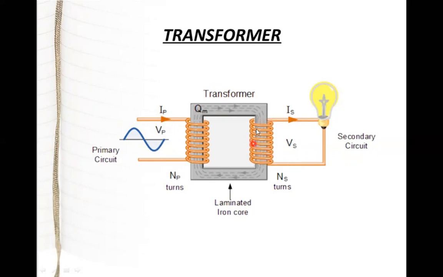And because of the induced EMF in the secondary coil, there will be a current flowing in the secondary coil. And if I place a bulb or any load, we can see that the bulb is glowing in the secondary coil. Understood? So it is the principle of electromagnetic induction. We cannot say there is no voltage in the secondary coil, but still the current is flowing in the secondary. That is because of the mutual induction principle.